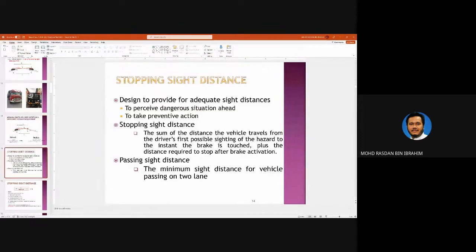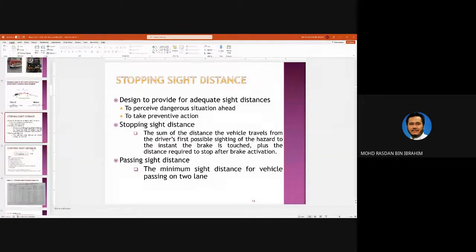Stopping sight distance is designed to provide adequate sight distance to perceive a dangerous situation and to take preventive action. When you see an object on the surface of the road more than 50 centimeters, you will perceive it, and then you start to take preventive action.